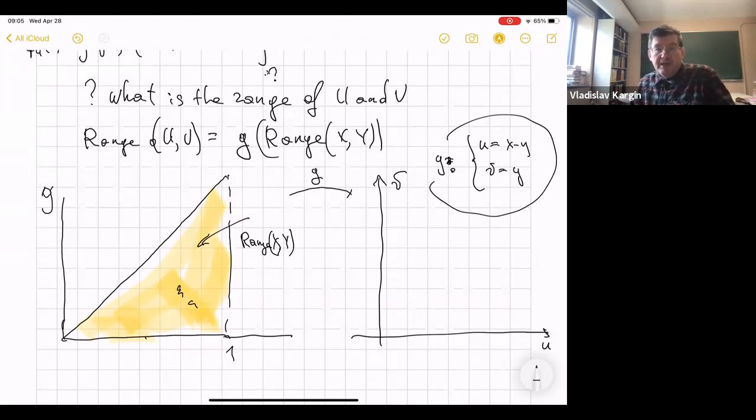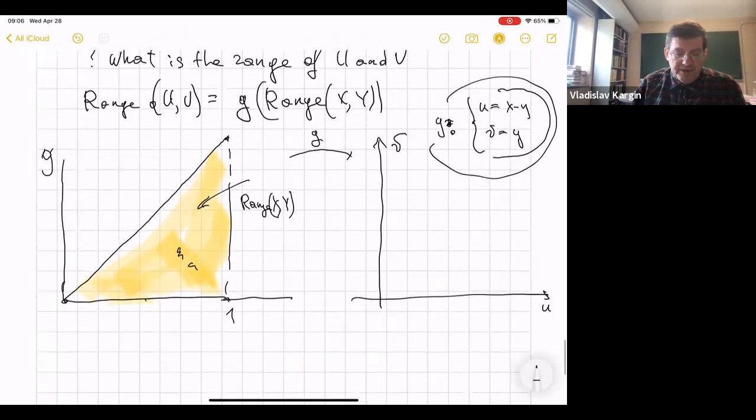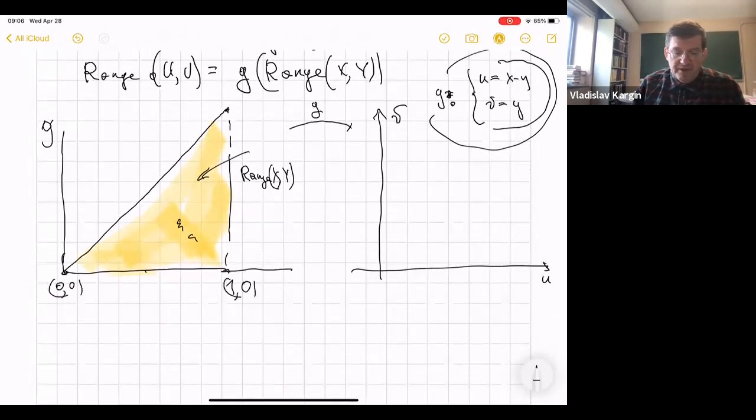Here, the transformation is linear, which means that it takes lines to lines. So to figure out the image of this triangle, you just need to figure out the images of its vertices and connect them with lines. There are three vertices: 0, 0, then 1, 0, and 1, 1. You want to figure out their images.